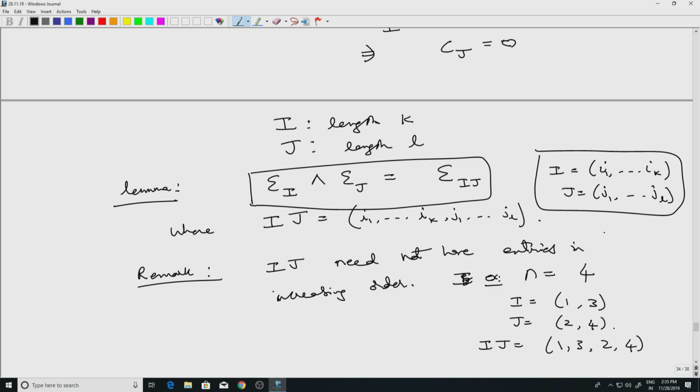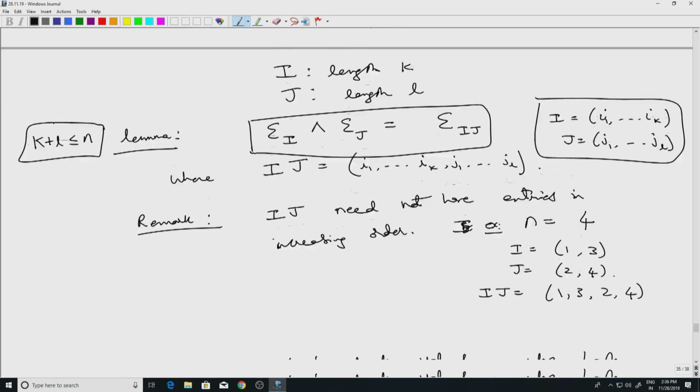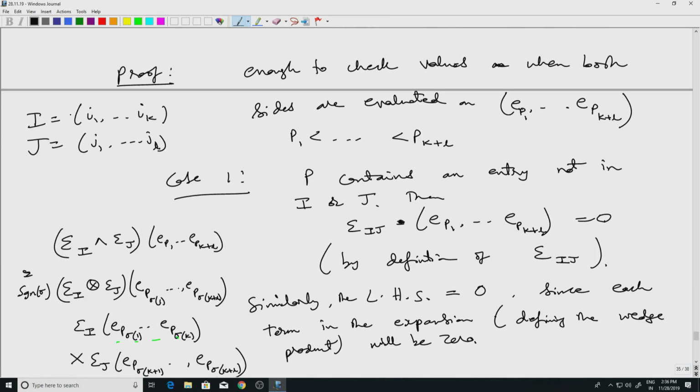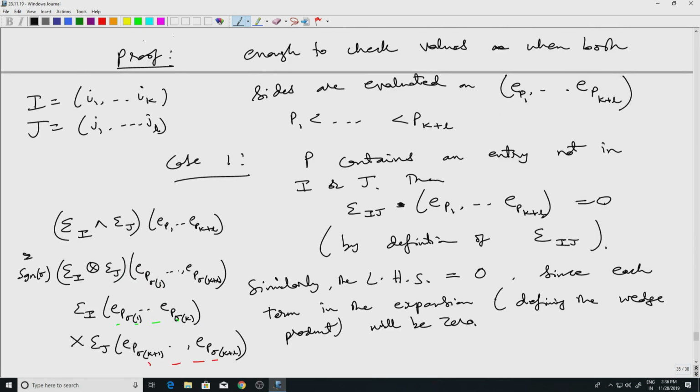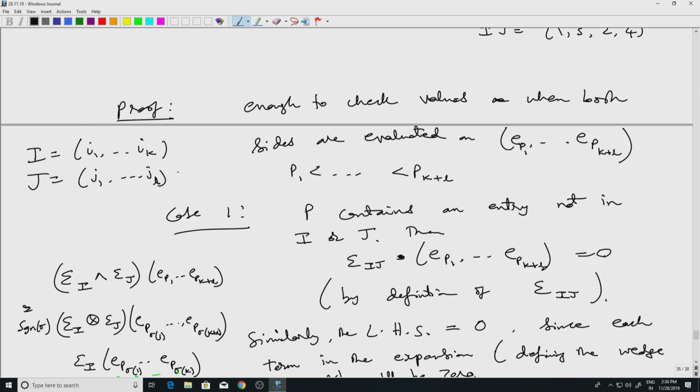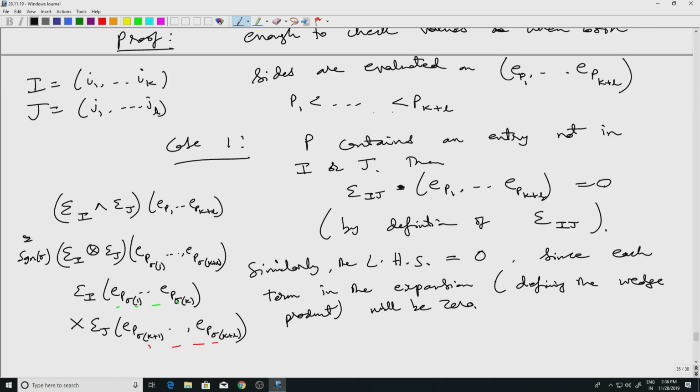So implicitly we are assuming that k plus l is less than or equal to n. Otherwise, there's nothing to prove. So we started with k plus l basis vectors, and we assumed they are ordered in the usual way.